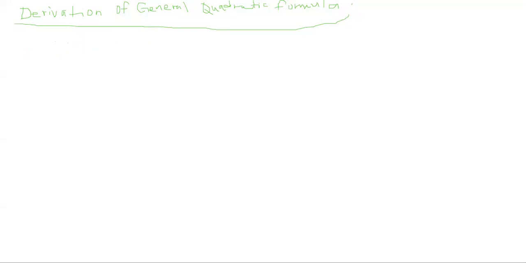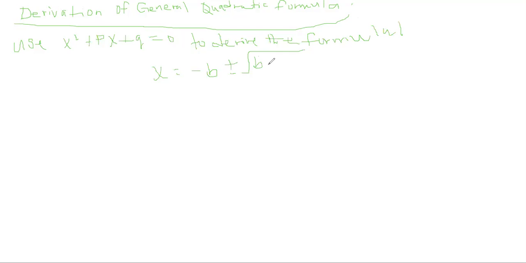All right, you can say use x raised to the power of 2 plus px plus q equals 0 to derive the formula, that is x equals minus b plus or minus square root of b raised to the power of 2 minus 4ac, all over 2a.